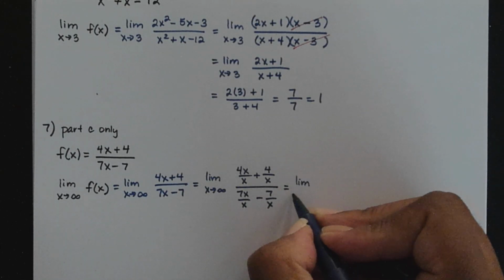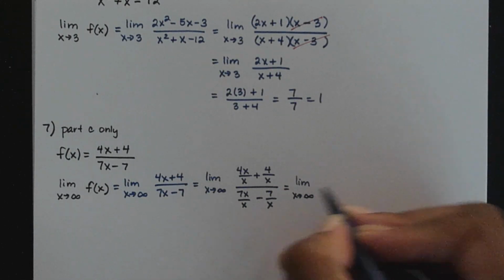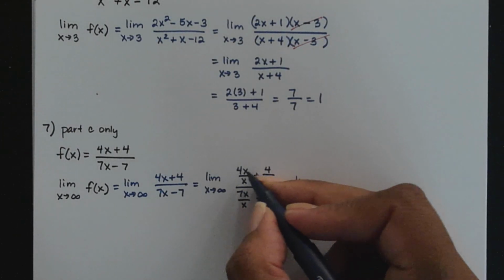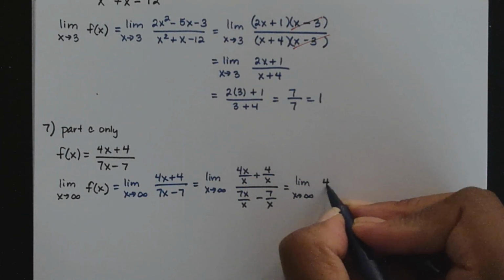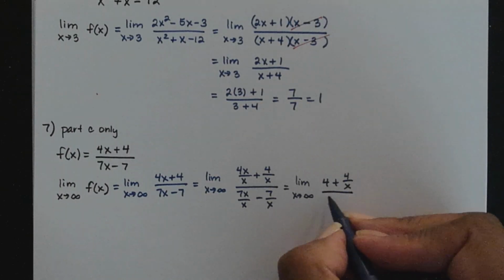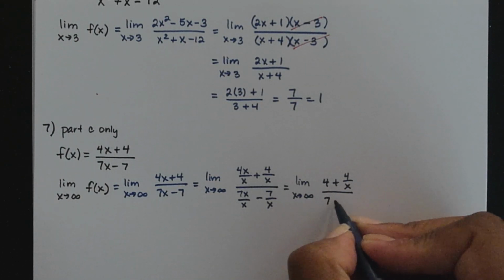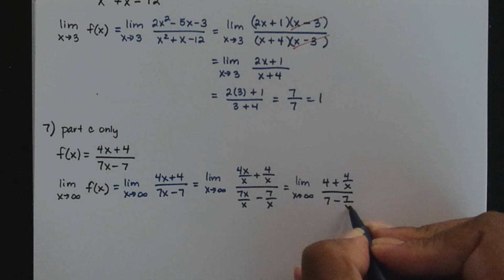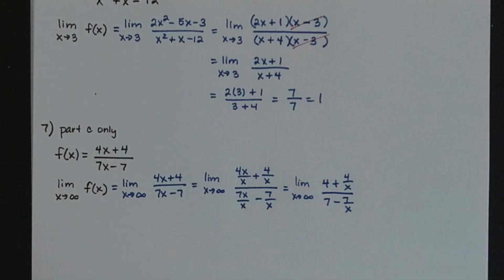Now here we got the limit as x approaches infinity of, if I take 4x divided by x, that would be 4, plus 4 over x, divided by 7x divided by x, which will be 7, minus 7 over x. Now, we know the limit of a constant will be that constant.